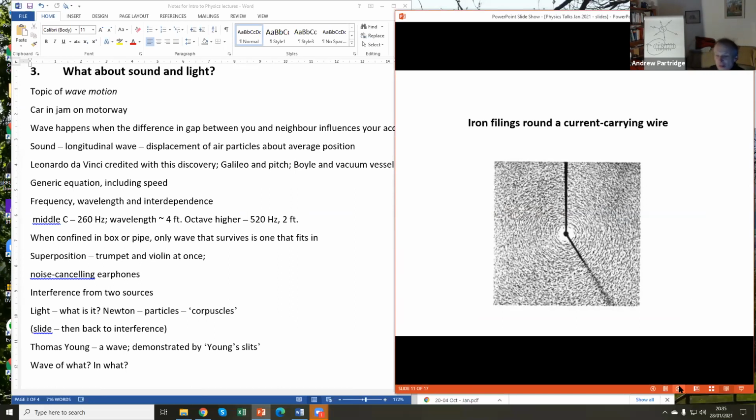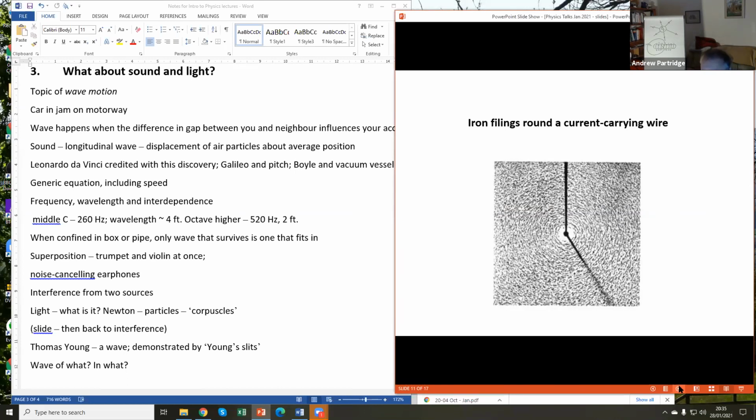Another thing that Faraday discovered was that there was an interesting connection between electricity and magnetism. If you have an electric current, a flow of this mysterious charge going through a wire, it makes a magnetic field round it, as you can see by the iron filings on that diagram.